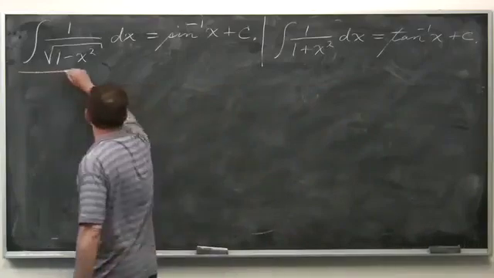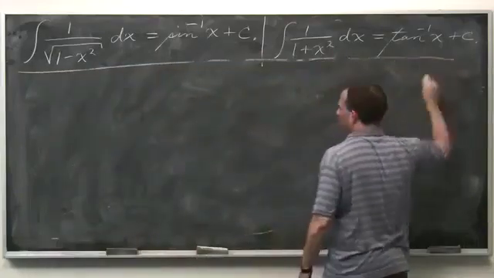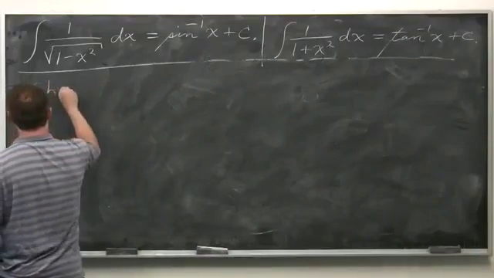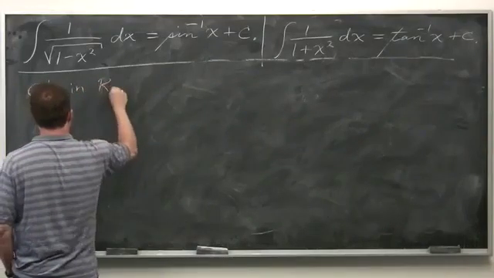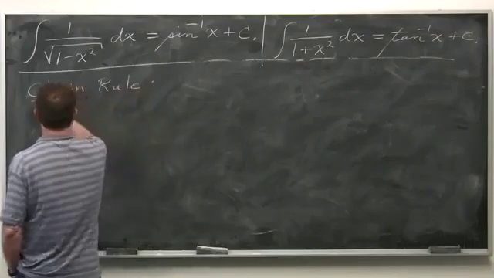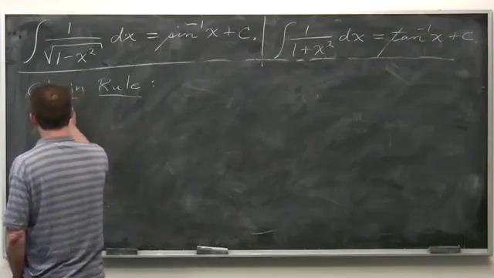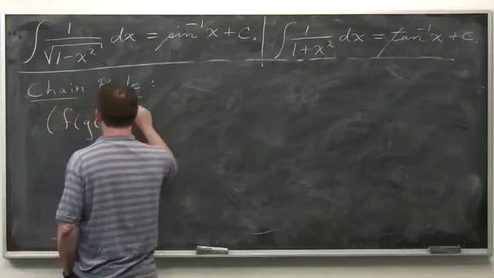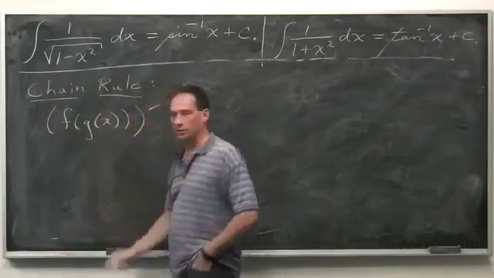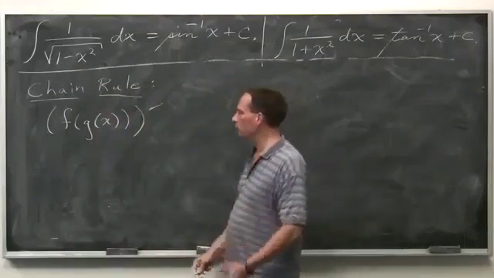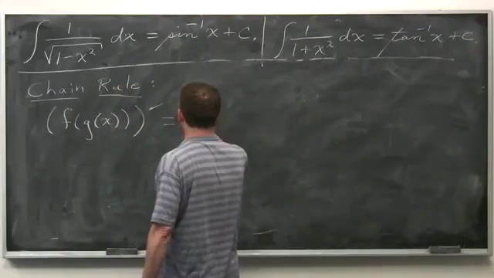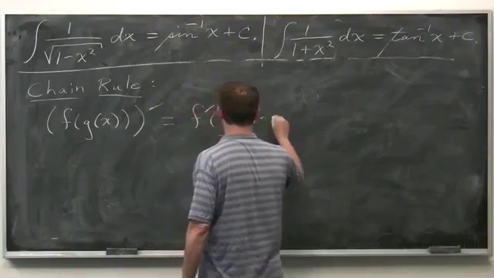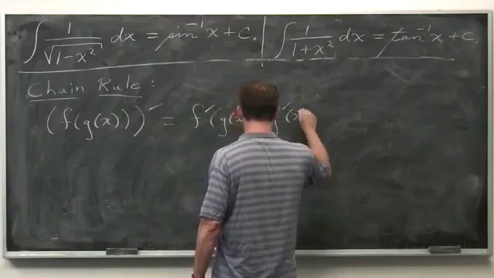So the chain rule is an anti-differentiation formula. The chain rule says, I'll remind you what it says. It tells you that the derivative of the composition of functions, so you do the function f to g, and you get the derivative. You take the derivative of the outside function, you leave the inside stuff how it was, but then you have to multiply it times the derivative of the inside function.